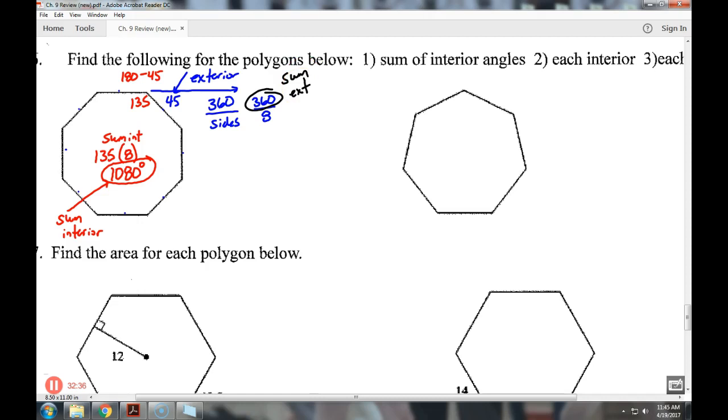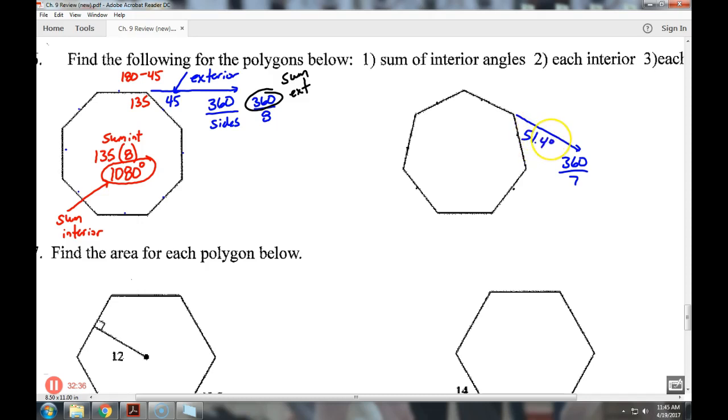Alright, so this next one's a weird shape. I don't have it memorized. It's got 1, 2, 3, 4, 5, 6, 7 sides. It's kind of funky. Doesn't come up too much in real life, so I don't have it memorized. So I'm going to do 360 divided by 7. That's going to be a weird decimal, so I'm going to cheat and grab my calculator. Michael's yelling at me that it's what? 51.4.